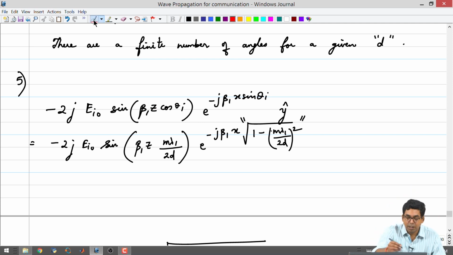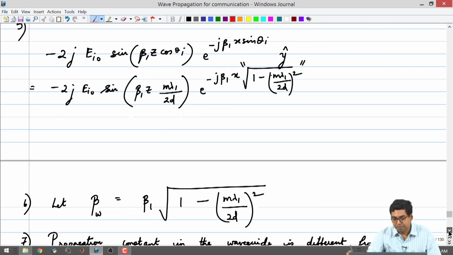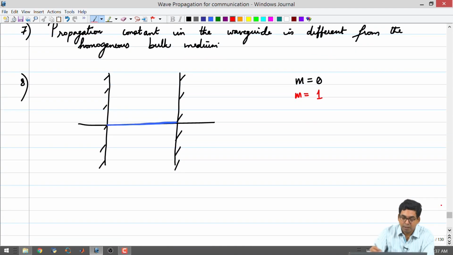So, here you will end up seeing an electric field pattern like this. At the edges of the dielectric conductor interface, you will have 0 fields corresponding to the boundary conditions. In the middle, you will have a maximum value of the electric field.